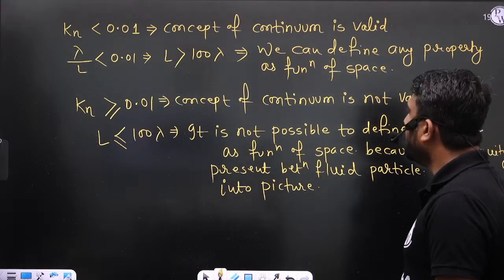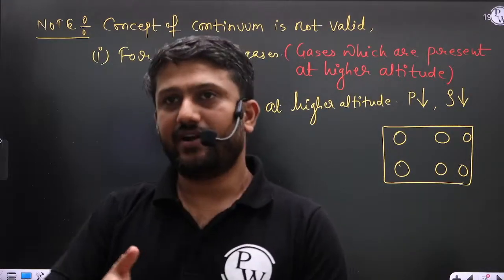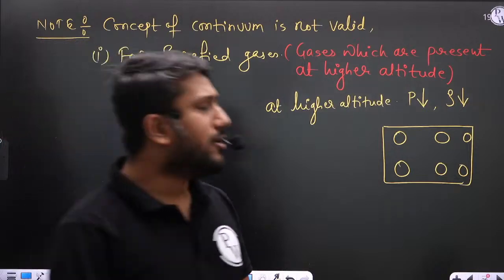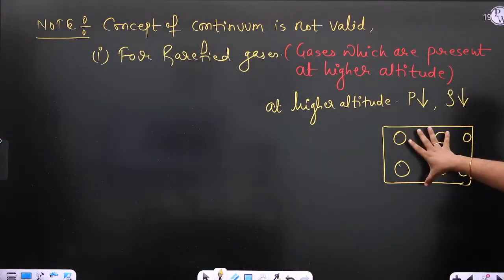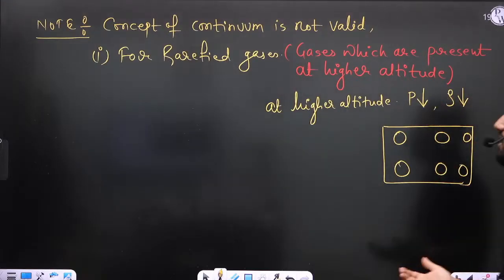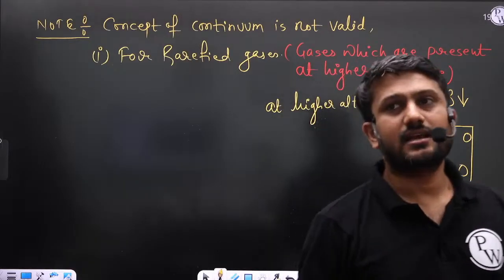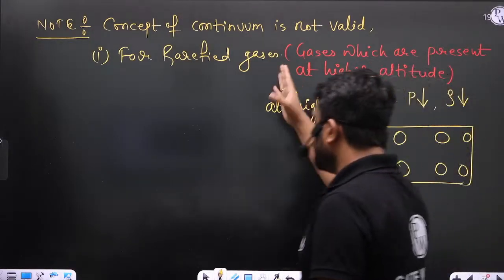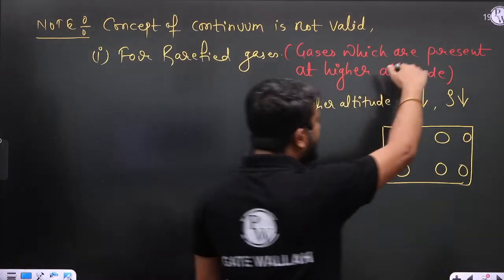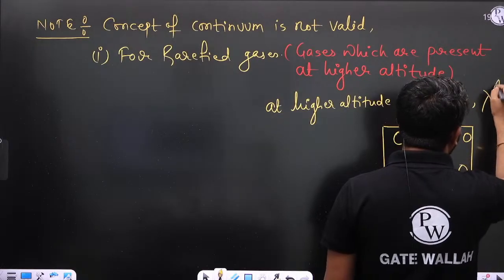Lambda is nothing but the statistical average distance traveled by one molecule to strike the adjacent molecule. So if lambda is more, then definitely the Knudsen number is greater than 0.01, and in this case the concept of continuum is not valid. Pressure is low, density is low, so lambda is more.